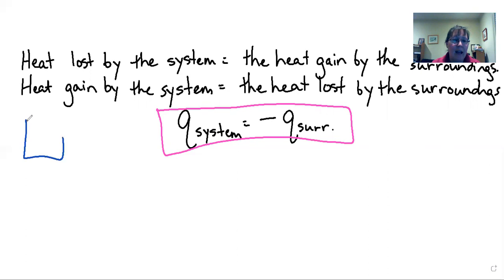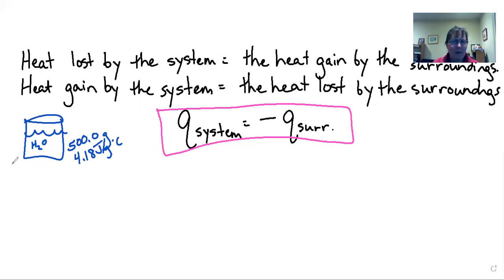Let's say that I have a beaker of water, okay, and this is water. And in this beaker, I have 500 grams of water, and we already said that's 4.18 joules per gram degree Celsius. Okay, so there's a mass, and I have my water.